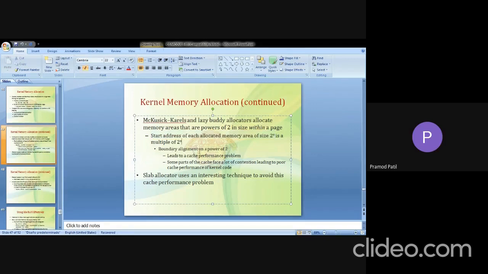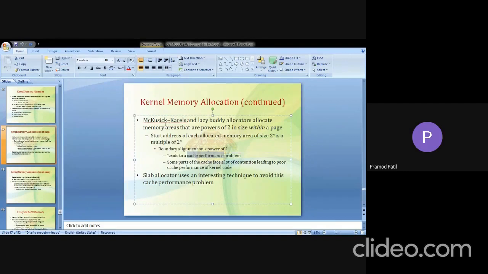Then the boundary alignment of power of 2 leads to a cache performance problem. So in this case also there is a certain limitation, that is, it has a cache performance problem. So what is that cache performance problem? Cache, we know, is a faster memory which is there near the processor.